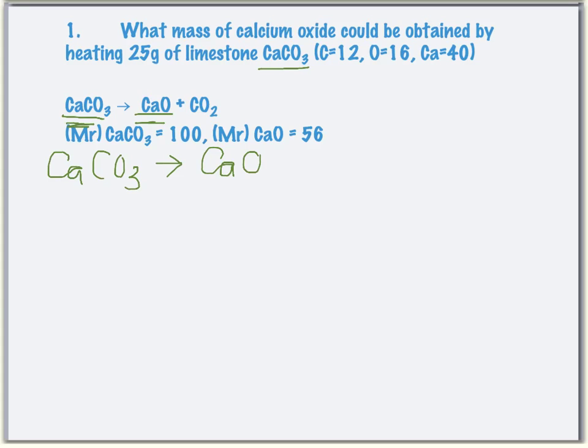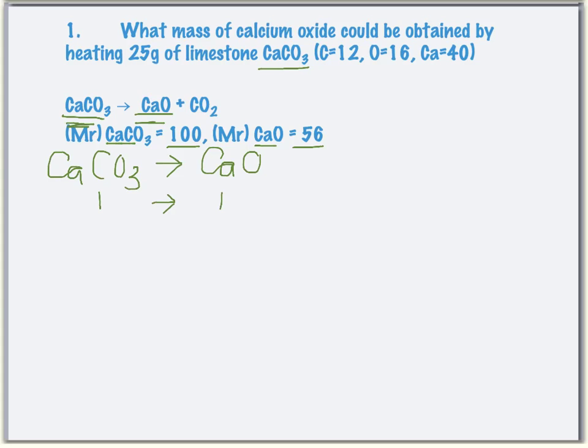Now it's important that you understand what the relative molecular mass of both of these substances are. So the relative molecular mass of the calcium carbonate is 100. What that means is 1 mole of calcium carbonate will be equal to 100 grams. We also have calcium oxide here, and 1 mole of calcium oxide will be the equivalent of 56 grams. Okay, so 1 mole makes 1 mole.